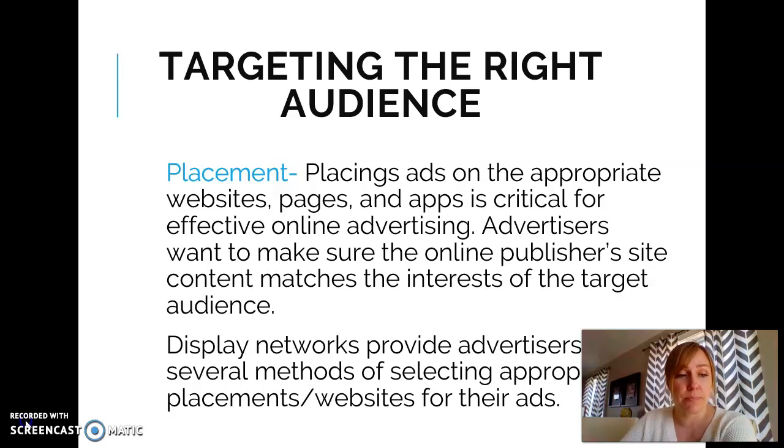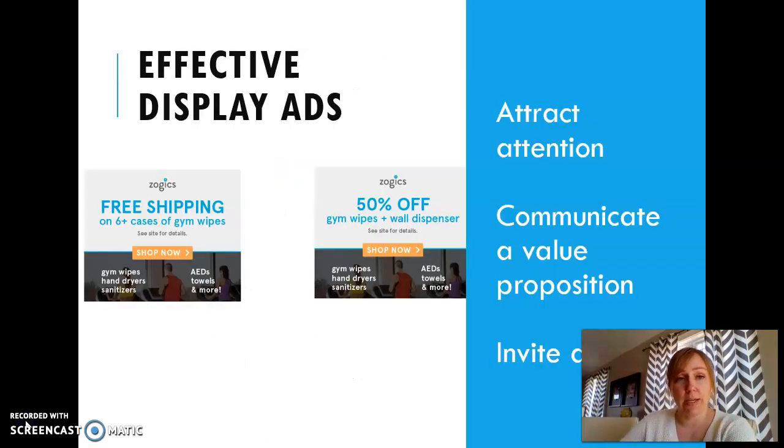That's how it works. Once you've chosen your site, let's say you're advertising on the local community newspaper, you have to create an effective ad that is attractive, will be gaining attention, will be something that people are interested in. It usually communicates a value proposition. In this case, free shipping or 50% off, something that makes it attractive enough for me to stop what I'm reading or looking at or doing to click.